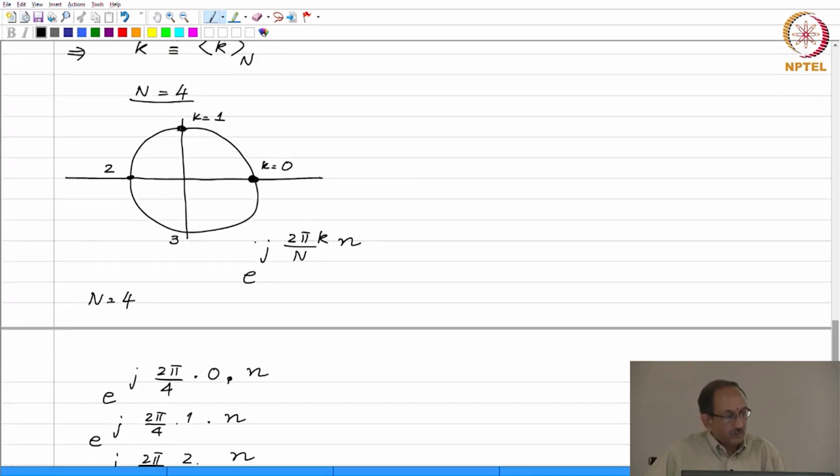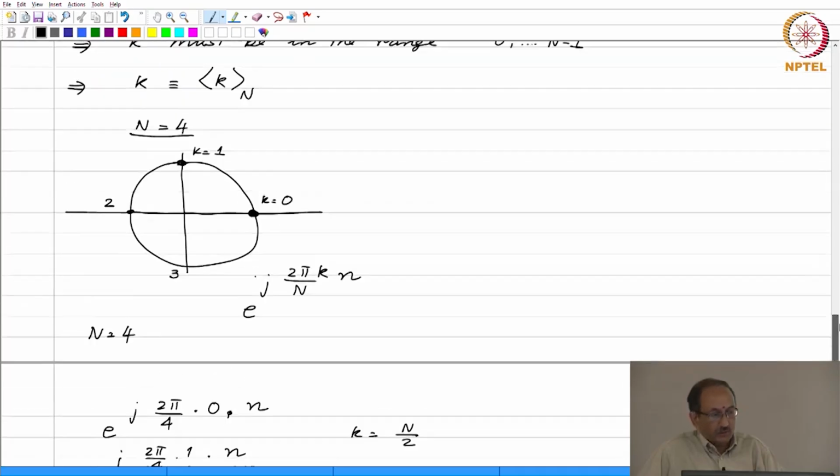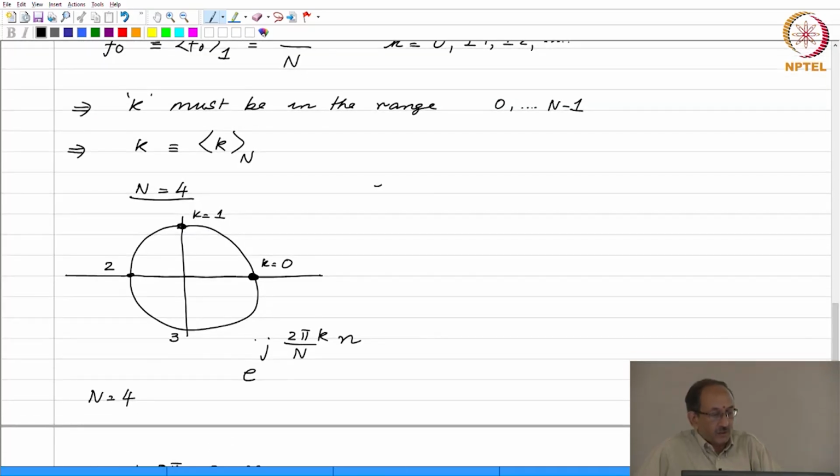Note that when k equal to N by 2, when N is even, then the frequency corresponding to that particular value of k is special. When k is N by 2, remember we are looking at the set of complex exponentials e to the j 2 pi k by capital N times little n.